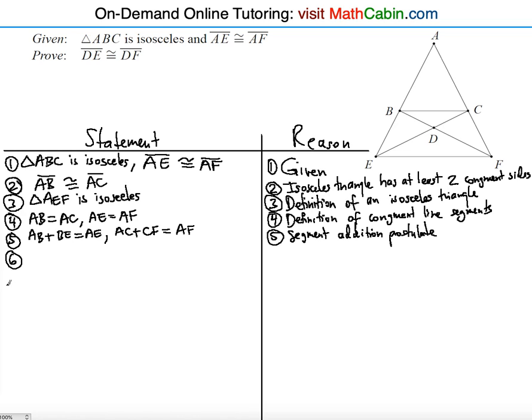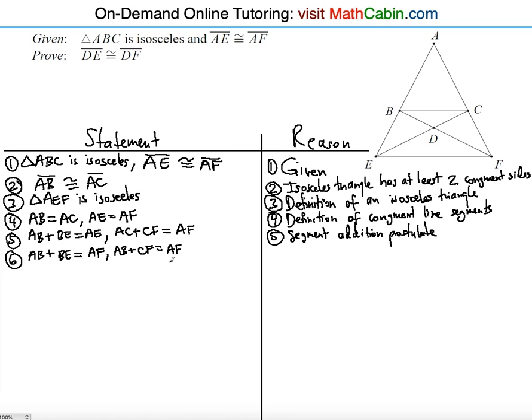Okay, so notice that AB plus BE is equal to AF, and similarly AB plus CF is equal to AF.